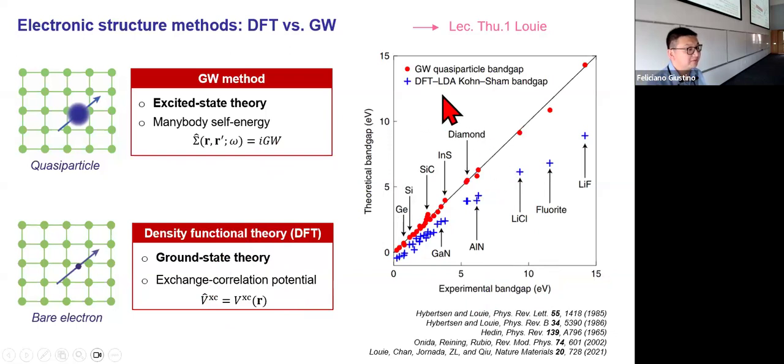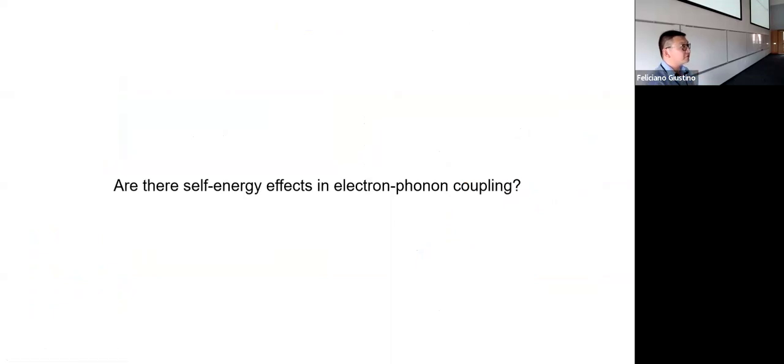Whereas if you use DFT with a standard approximation, such as the local density approximation, the band gaps are systematically underestimated. So it is a natural question to ask, are there self-energy or many-body effects in the electron-phonon coupling? For the remainder of this talk, we're going to break this down and see how we can tackle this question.